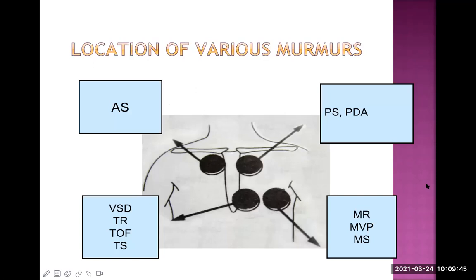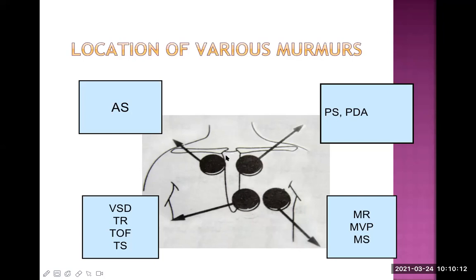Now let's talk a little bit practically here. These are the locations of various murmurs in heart disease. See this, these are the four areas which every student knows already. This is the pulmonary area, here is the mitral area or the apex, this is the tricuspid area, also known as the lower left sternal border, and this is the aortic area.